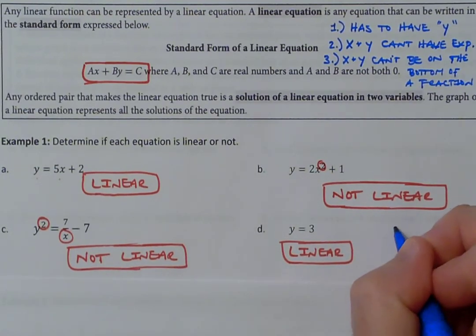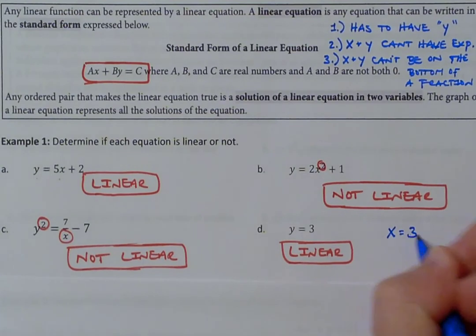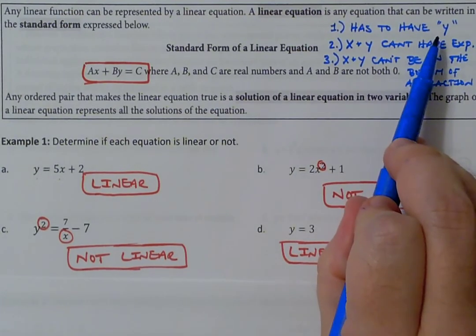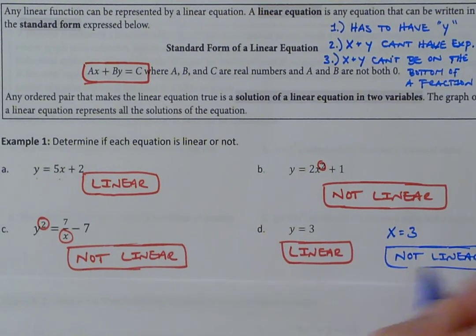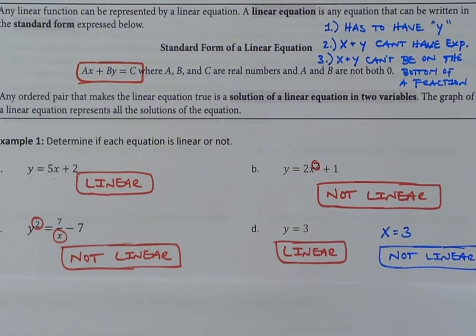If I had x equals 3, because this doesn't have a y, that means that this is not a linear function. It's a line, it's just not a function because it violates the rules of a function, that there's more than one output for one input.